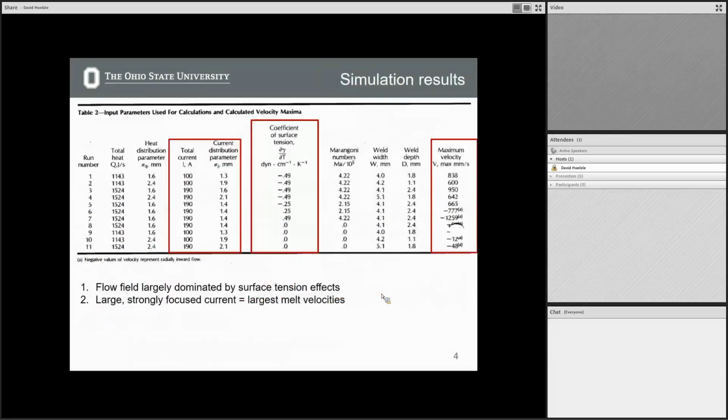So the simulation results, they throw into this giant table. I'm not going to spend a lot of time on this, but they want you to take a look at the maximum velocity level. We simulate all of these processes, and they take the maximum liquid velocity. We want you to know, first off, how much faster the convection level becomes as you increase the power.